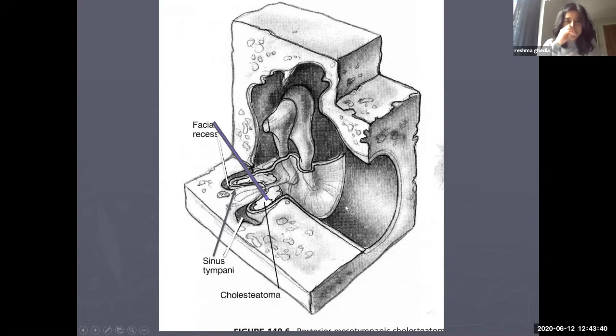Okay, and the last question that I don't think you're going to move on to is, how can you predict extracranial complications? Can you, by looking at the cholesteatoma? No, you can't. Anna and you will probably remember that the most recent case we had of a temporal lobe abscess was someone who had a very small cholesteatoma.